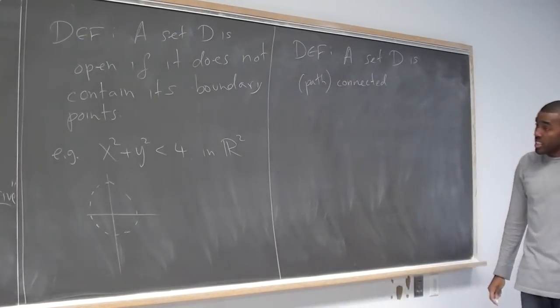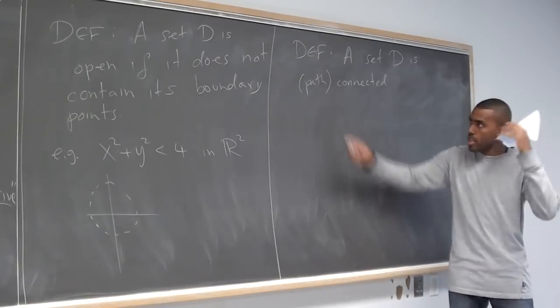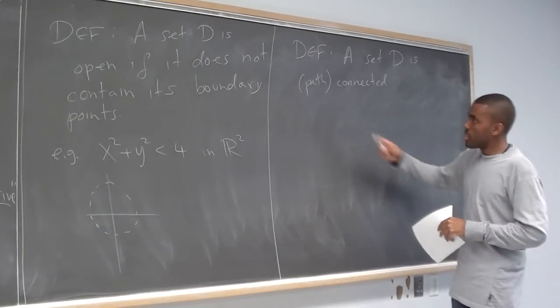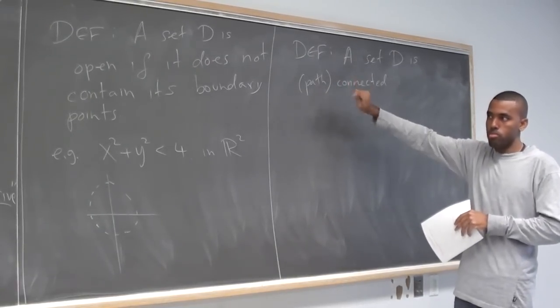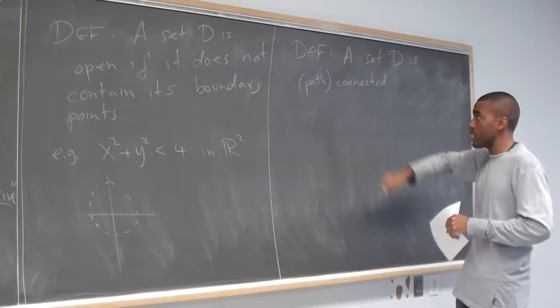So when we mention connected here, we're talking about path connected. I'm going to define that. There are different types of connectedness, but when we say connected in this class, we mean path connected.